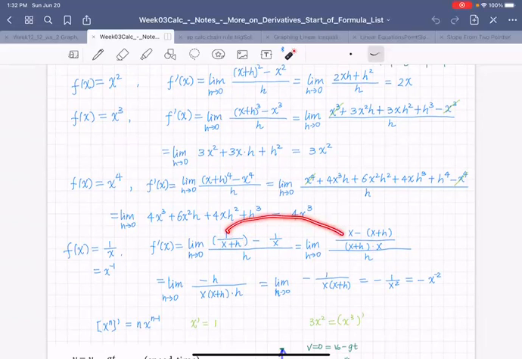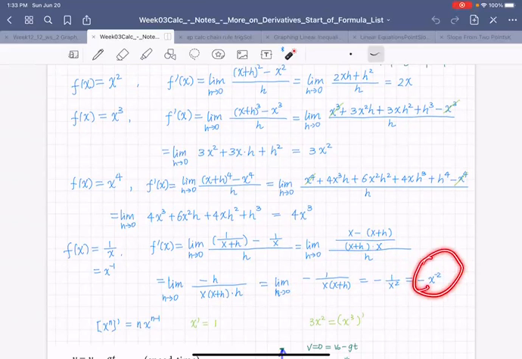That becomes x minus parenthesis x plus h. This can be canceled. Negative h is left. And then the denominator becomes x times x plus h times h. And h is canceled, so the result becomes this. We can always make h to be 0, and this becomes negative 1 over x squared.